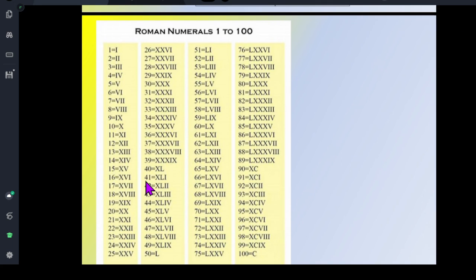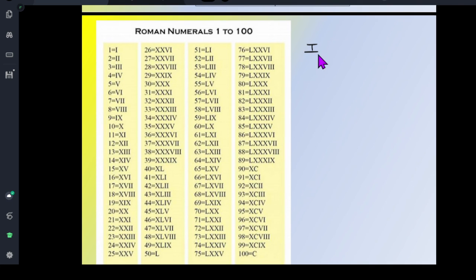The next topic is Roman numbers. Roman numbers are very easy. As you can see, your classrooms are also written in Roman numbers. So you already identify Roman numbers, but here I have given you a chart from 1 to 100 showing how to represent them. First you have to write 1 this way.